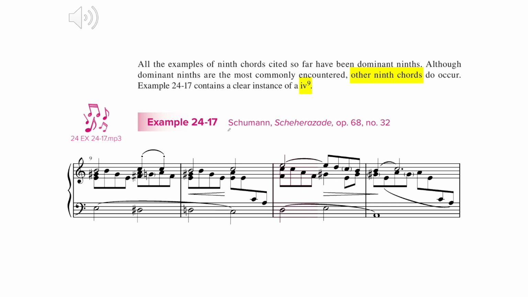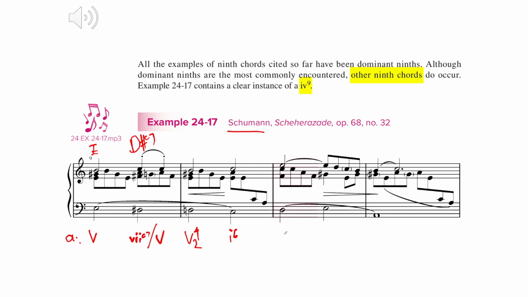This was also by Schumann, and the excerpt is in A minor. And here it begins with 5, E major, and then this is 7 of 5, which is a D sharp diminished 7th, and after that it goes to 5/7 chord in third inversion and the resolution into 1.